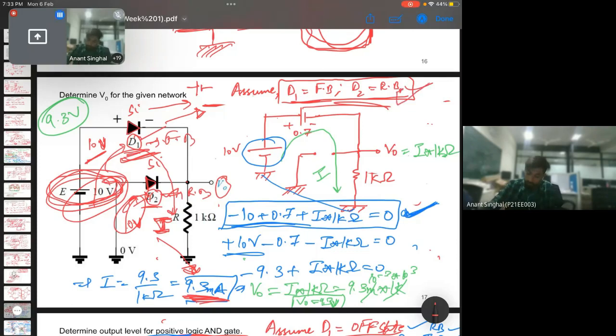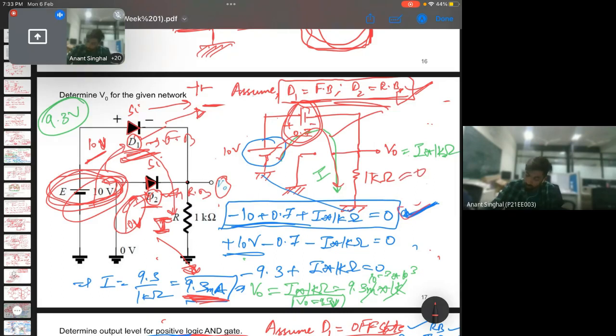And now we needed to check whether our assumption is correct or not. So we made the circuit out of it. Since it was a silicon diode, we take a voltage drop VD, and for the reverse bias, we take an open circuit. So after applying KCL, what we got is minus 10 plus 0.7 and then plus current into this resistance is 0.